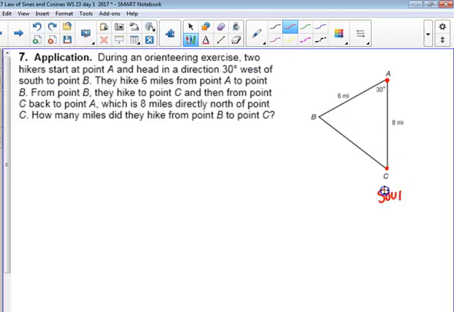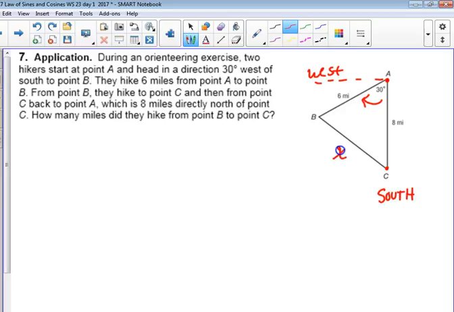This is straight south, and they went off 30 degrees towards west, okay? But honestly, the picture's all there, so you wouldn't probably have even read half the problem. I know you, okay? I wouldn't have either. It says, then they hiked 6 miles from A to B. Then they went and headed straight for the cabin, which they knew was 8 miles south of where they started.